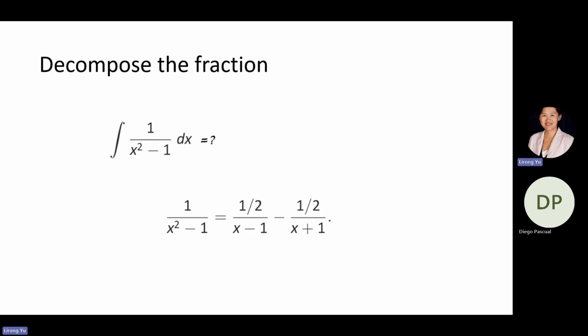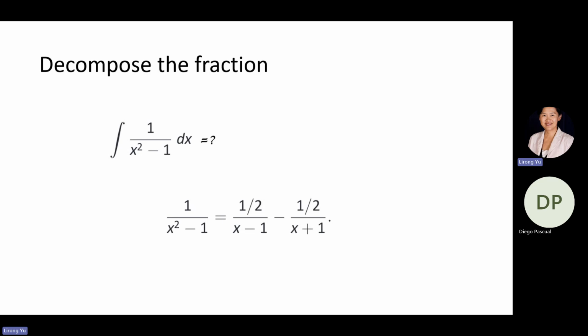What we can do is actually rewrite the fraction. And that's what we're calling partial fraction decomposition. We're decomposing the fraction into smaller fractions. Each one, of course, is a partial fraction. So, for example, 1 over x squared minus 1 can be rewritten into the subtraction of 2 fractions.